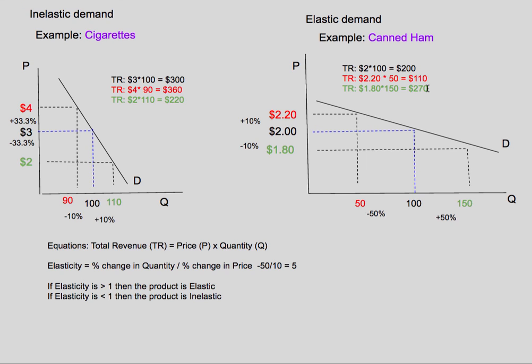In this case, in canned ham, people will buy other kinds of meats. Those tend to be elastic demands. And so you'll see prices in those categories tend to go down, but in inelastic demand, those prices tend to go up. And so this is to explain why certain products have what is called elastic and inelastic demand and the effects it has on total revenue.